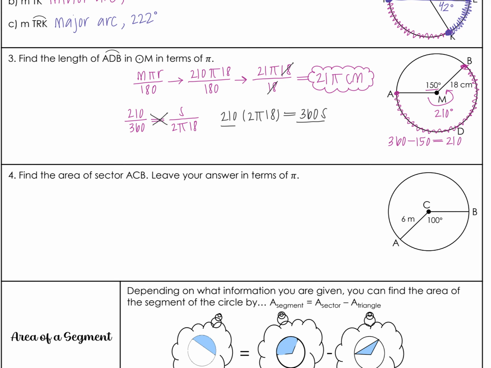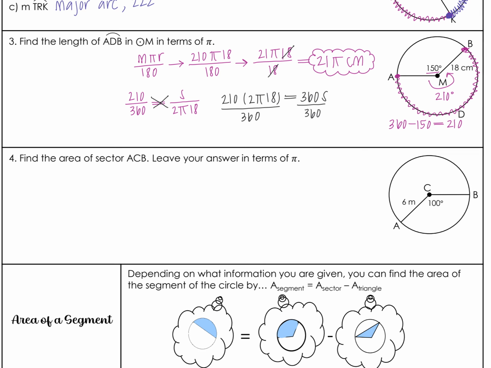Then I'm just going to divide so that I can solve for that S. And you'll see here, now I'm ending up with exactly what I had up here. I just had this simplified one here. So this is another option. Like I said, I really only like to use the proportion one when I'm solving for R, my radius, or my angle measure or arc measure, and I'm given my arc length. But it's completely up to you.